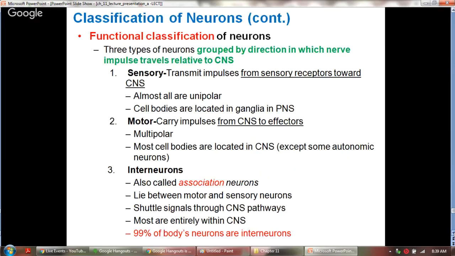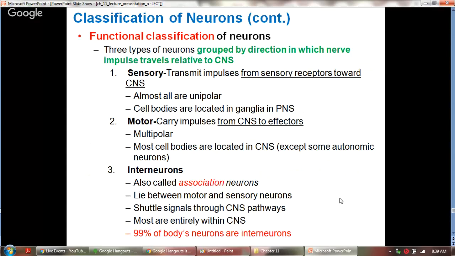The functional classification has three types. The neurons can be grouped by the direction in which nerve impulses travel relative to the central nervous system: sensory, motor, and interneurons. Sensory neurons transmit impulses from sensory receptors towards the central nervous system.